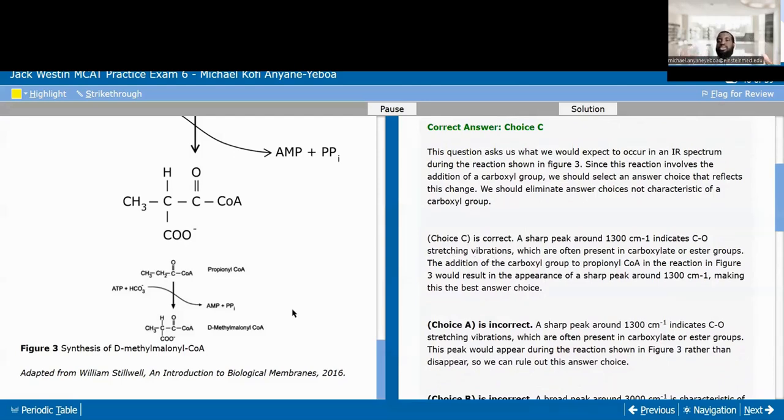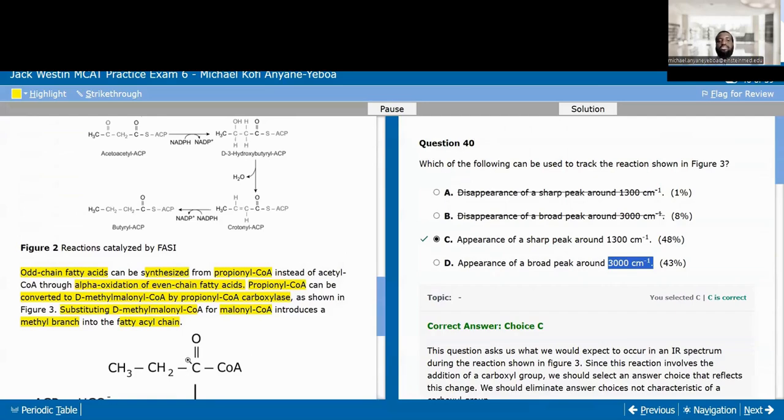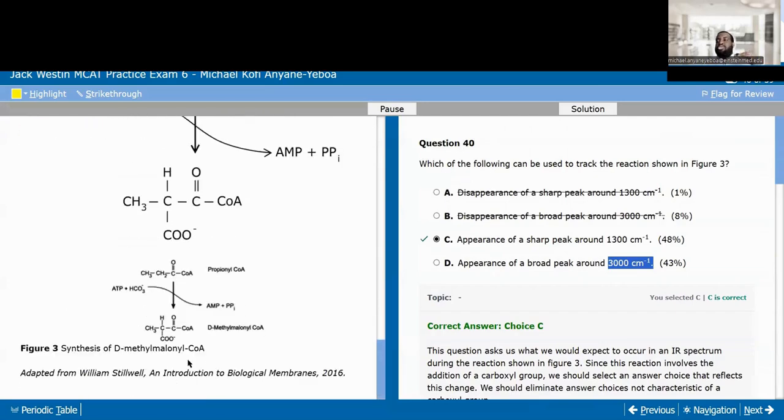So if you memorized this one, this question would have been easy for you. The only thing you needed to decide is whether it's going to disappear or appear, right? Disappearing is because I removed that, because we are adding a carbon. There are 4 carbons in the product. There are 3 carbons in the reactant. So there's no way the peak can disappear, right?